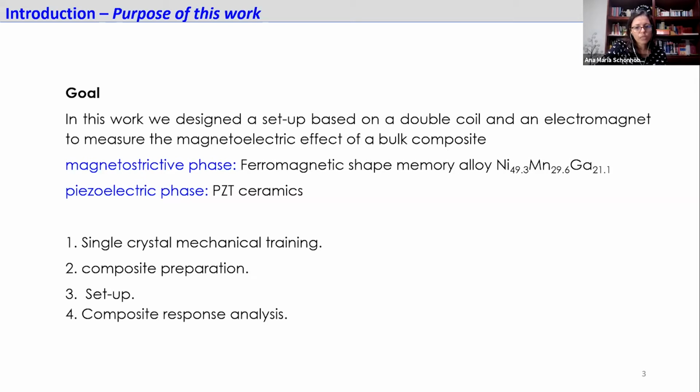What we did first was a mechanical training of the single crystal. Then we prepared the composite, designed the setup, and finally measured and analyzed the composite response.